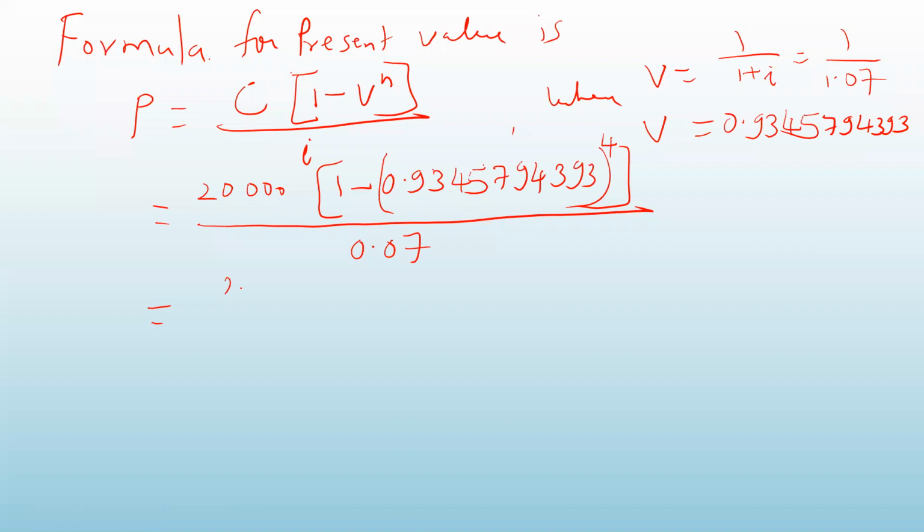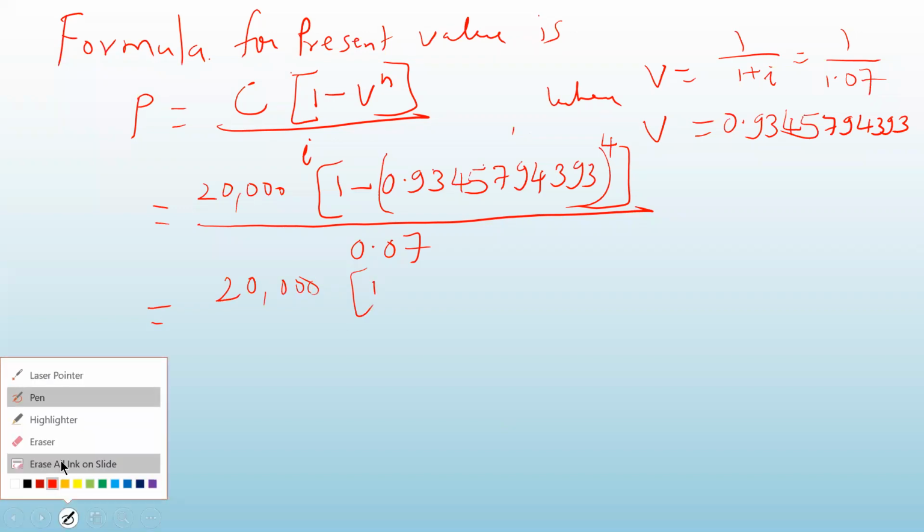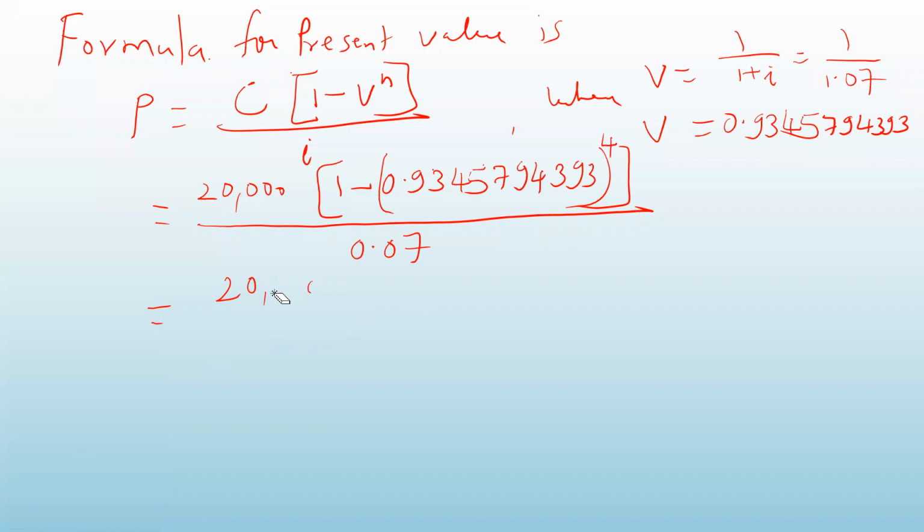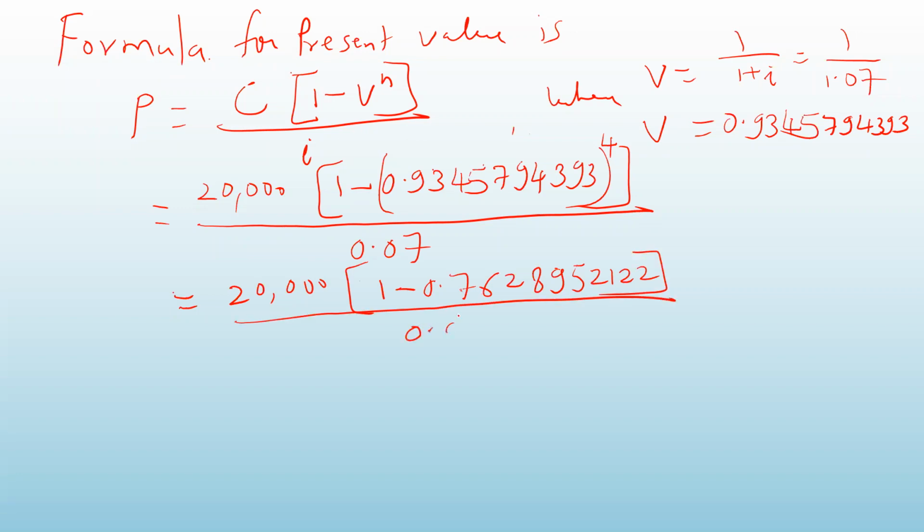So that gives you 20,000 into, in the bracket, 1 minus this raised to power 4, which gives you 0.76288952122, divided by 0.07.